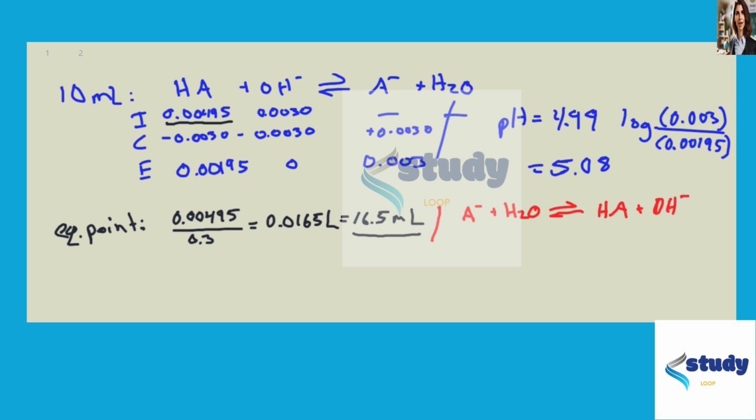Our initial will be the initial that we had before, 0.00495. And our change will be minus X plus X. Here all the acid has been neutralized by the hydroxide, and all that we have present is this. So that's why we're doing the equilibrium problem in this way.